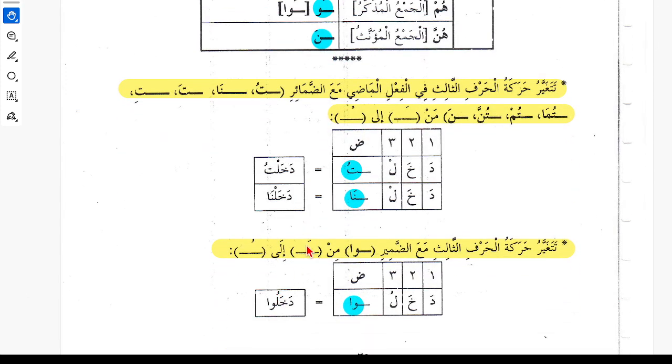That means the fatha sign has changed to the dhamma sign. If you look at the lam here, the lam was supposed to have a fatha sign, just like in dakhala for the huwa version, but now for hum it changed to dakhalu. So in all those other cases it was changed to sukoon, but for hum it changed to dhamma.